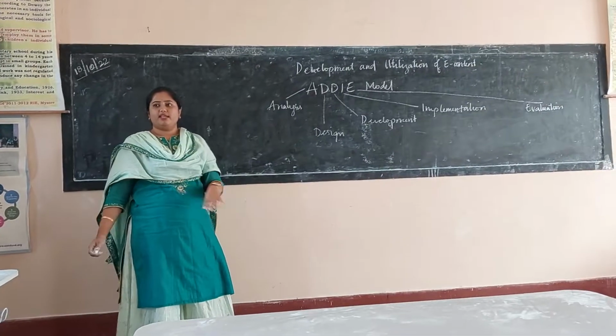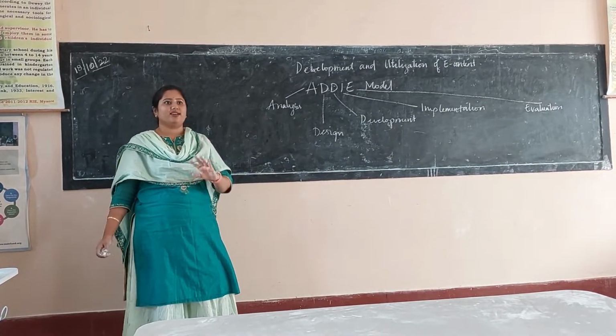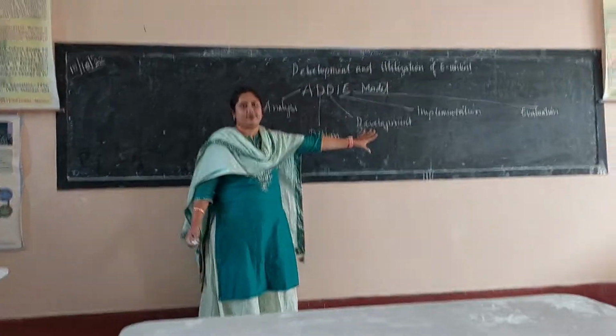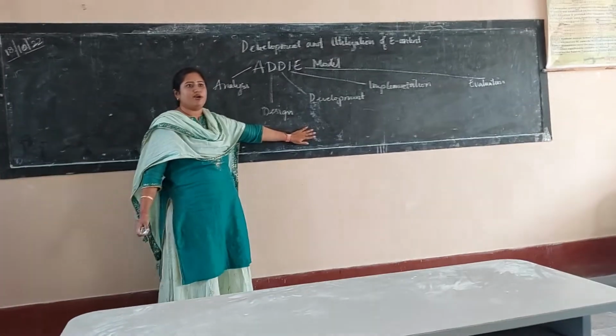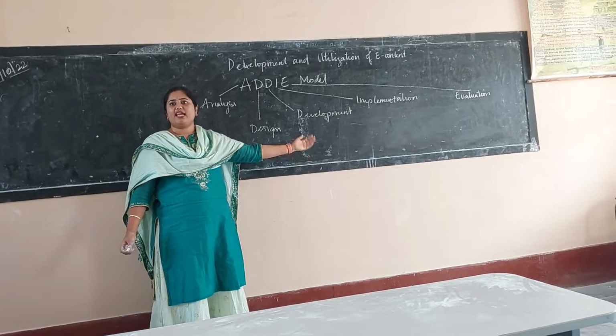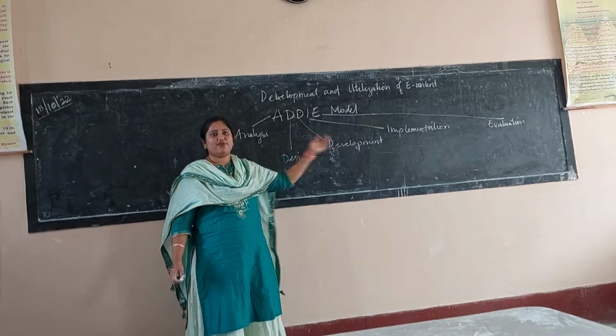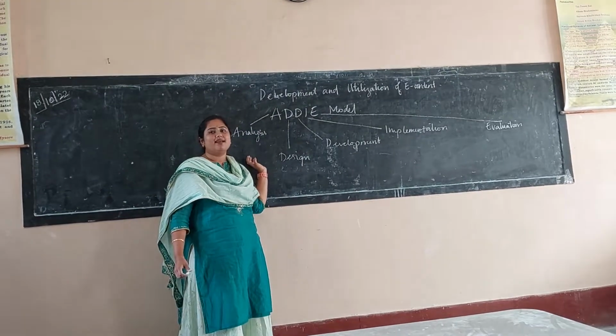But what you should remember is, whatever model you use, whether it's ADDIE, ARCS, or ASSURE, most of them will have these steps. This is the simplest model. Some models have 9 or 10 steps, but all of them will have these things. You will have some analysis, some pre-planning, some design.